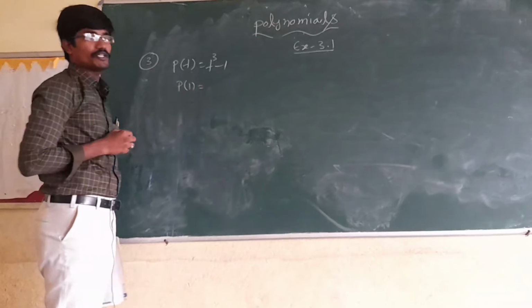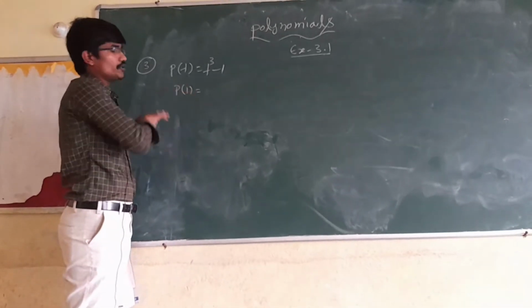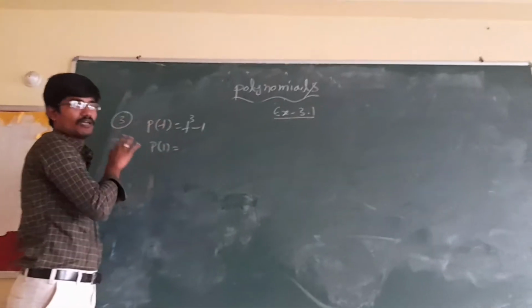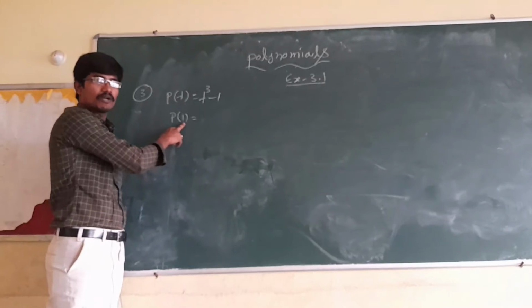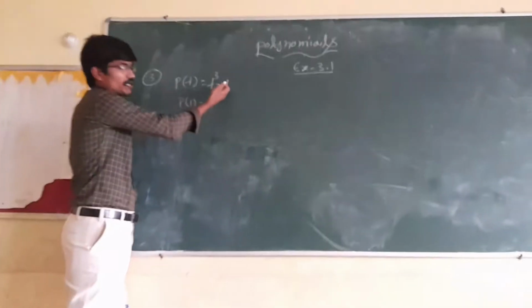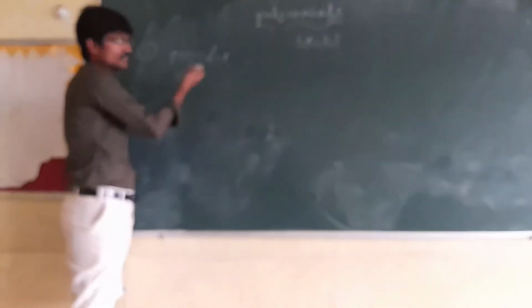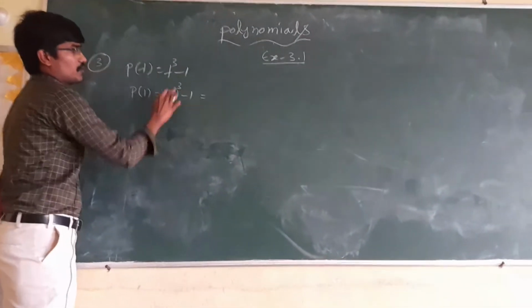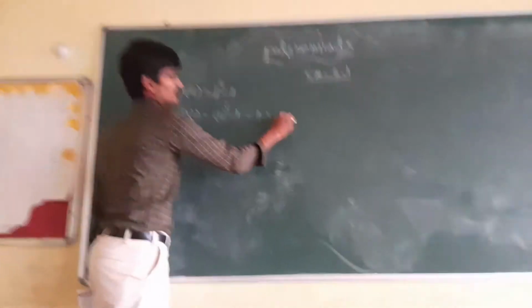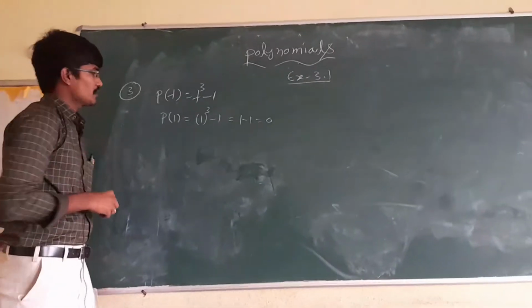How can we do this question? Here P of t is equal to t cube minus 1. I want the P of 1 value. So in the t place we have the value 1. In the expression of the polynomial you can put t as 1. 1 cube minus 1. 1 cube means 1, minus 1. 1 minus 1 is 0.